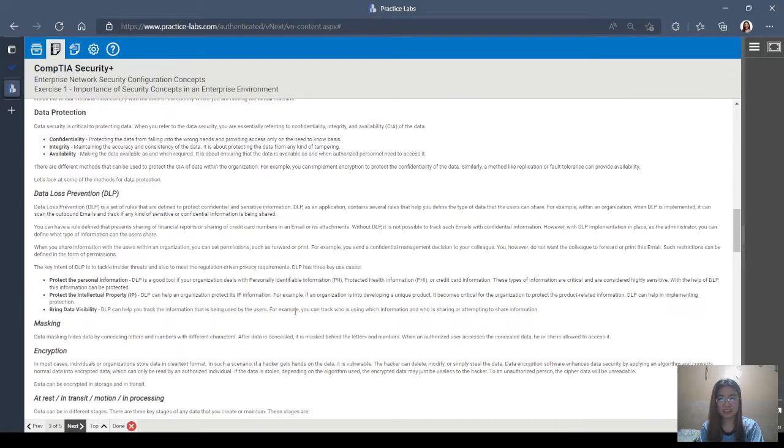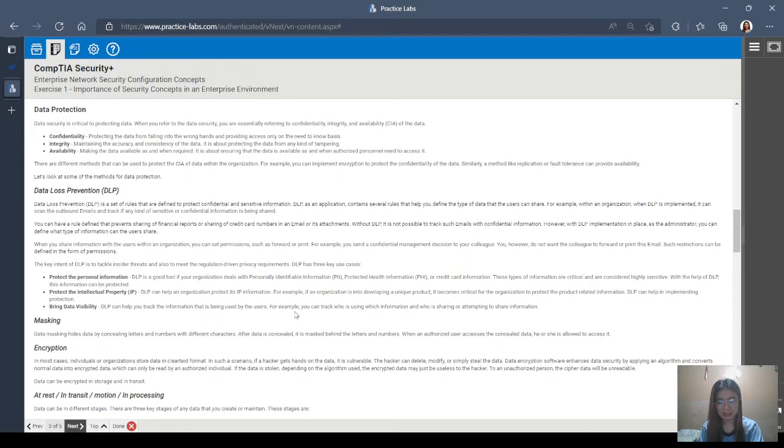Data protection. Data security is critical to protecting data.